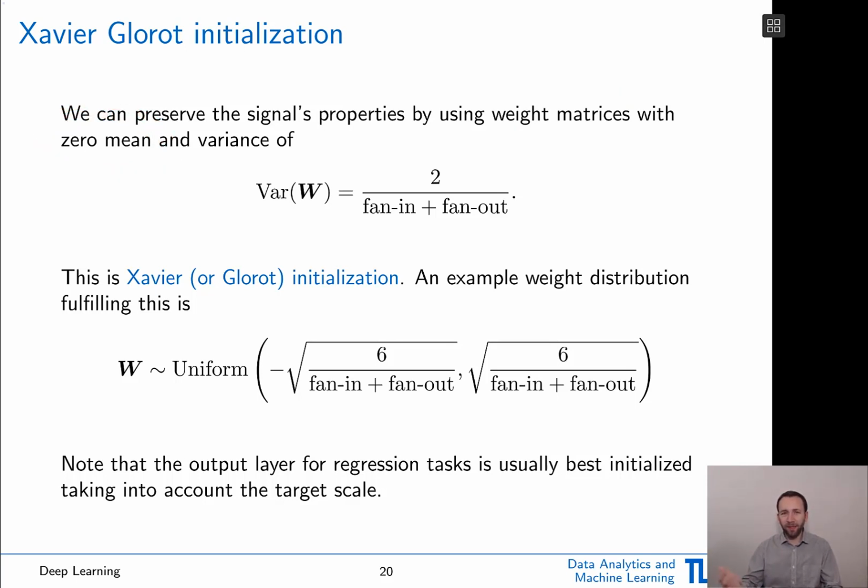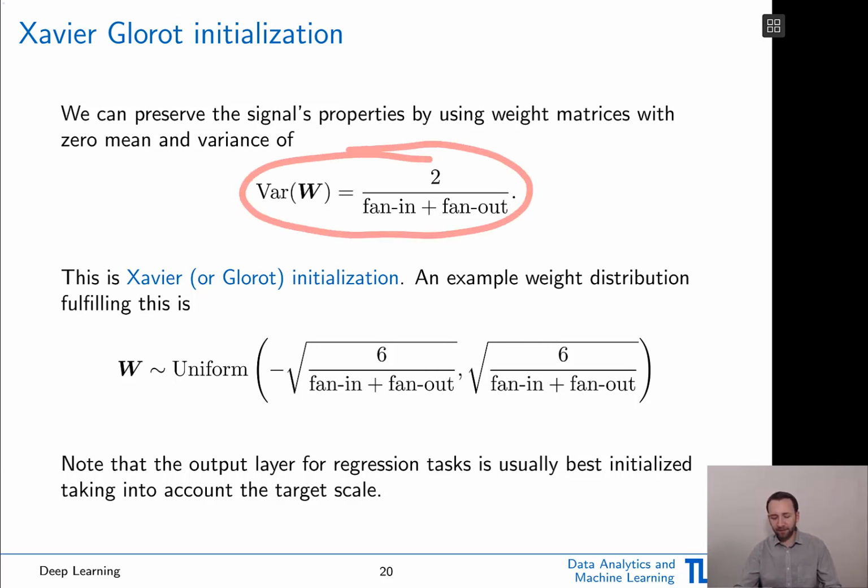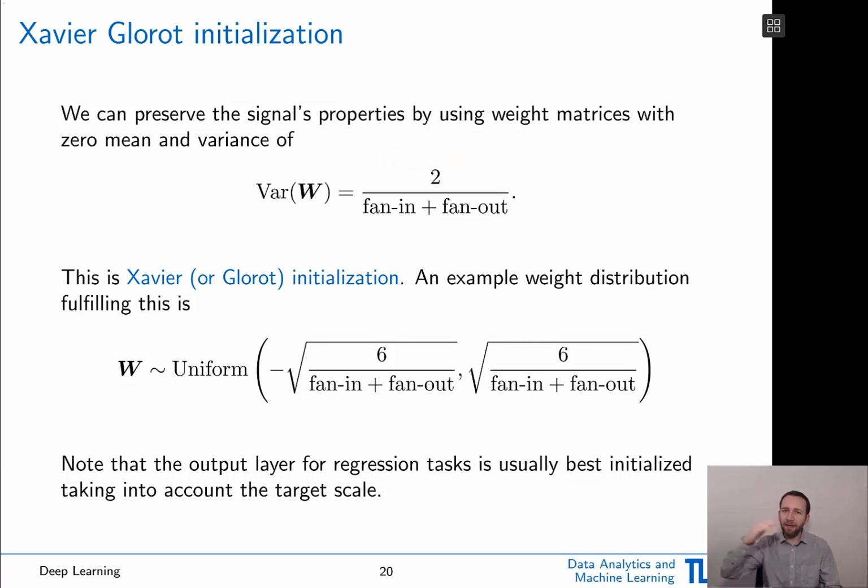Then the signal's mean is also preserved. But the variance should have this kind of property. So for every fully connected layer, we want to initialize the weight matrix in such a way that the variance of the weights, the variance of all these different numbers, is equal to 2 divided by fan in plus fan out.